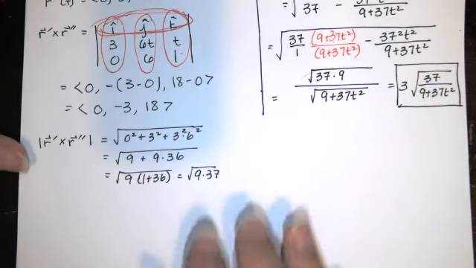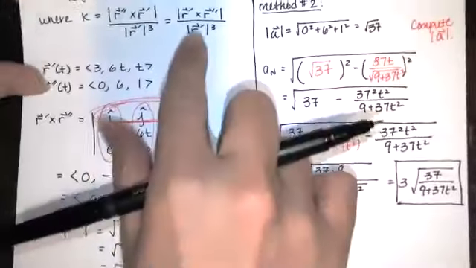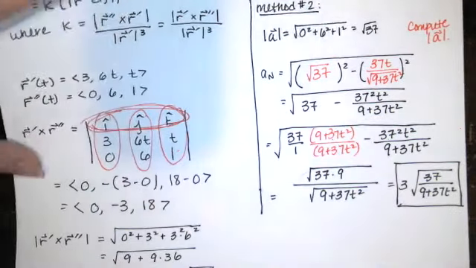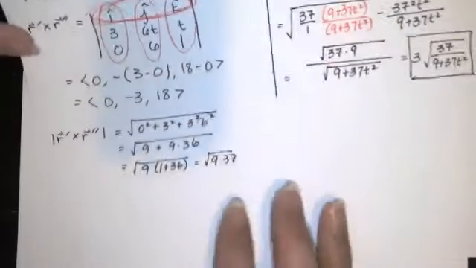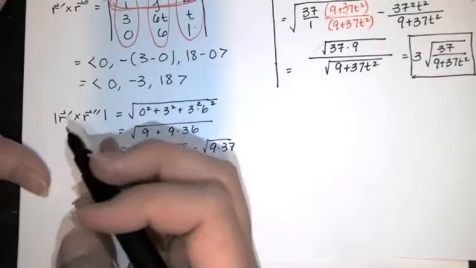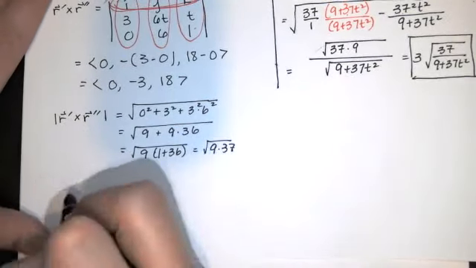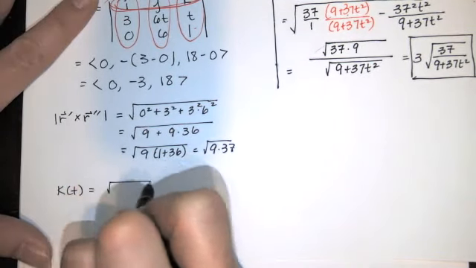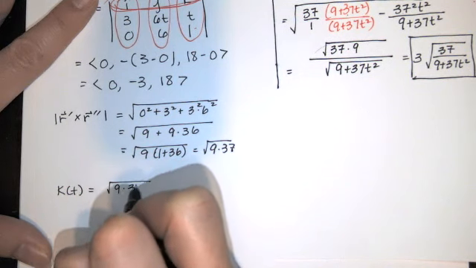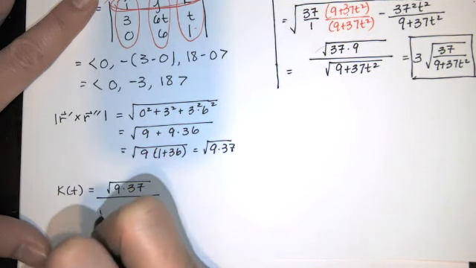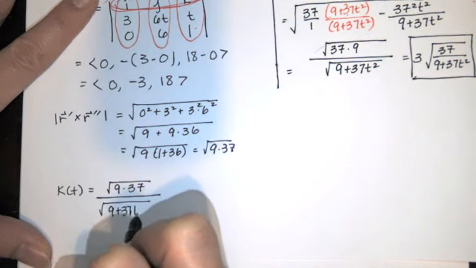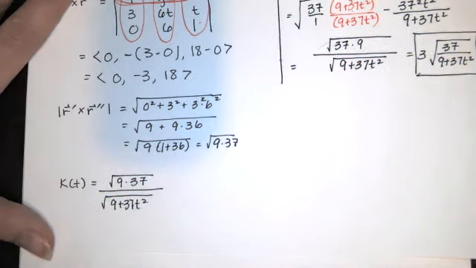And then in the denominator, we should have this speed cubed. So curvature is this square root of 9 times 37, all divided by the speed, which was the square root of 9 plus 37t squared, and then we're cubing that.